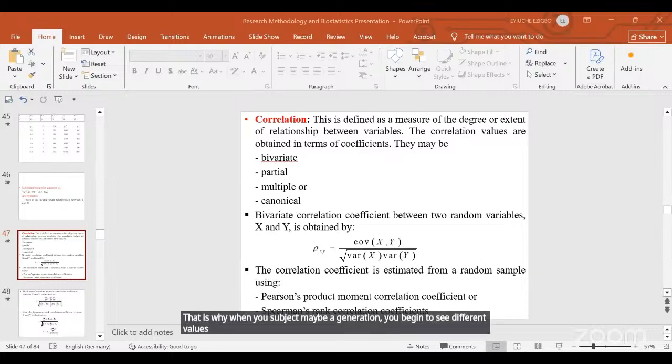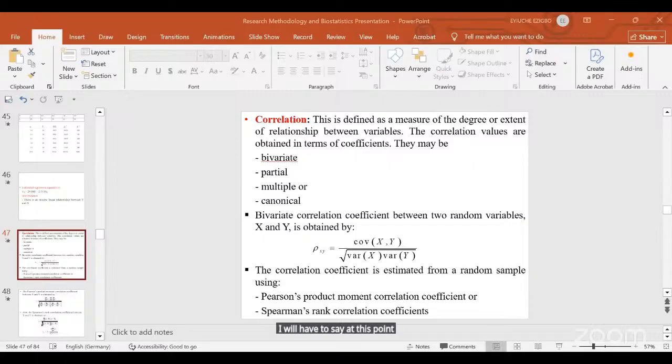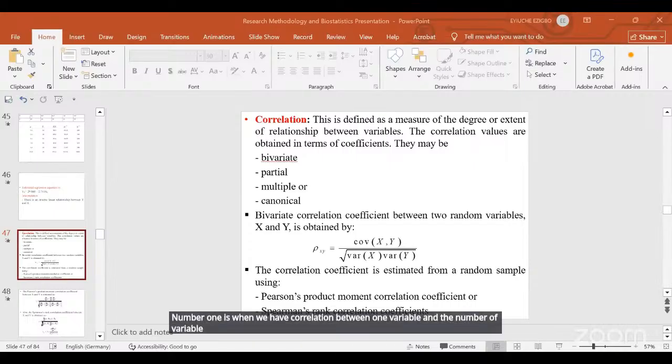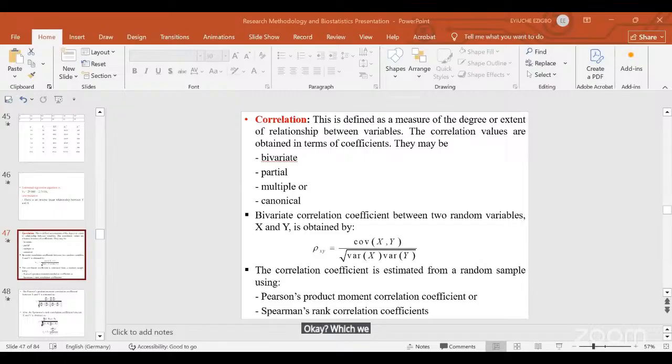I will have to say at this point that so many persons have carried out works in the past to try to estimate what correlation between variables can be. But before we go into those details, there are different kinds of correlation. Number one is when we have correlation between one variable and another variable, which we call bivariate correlation.